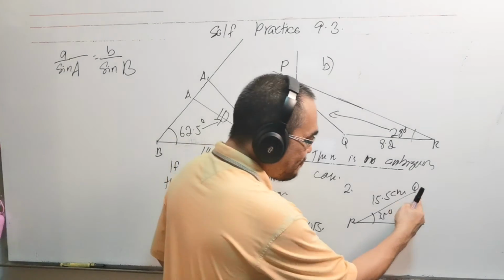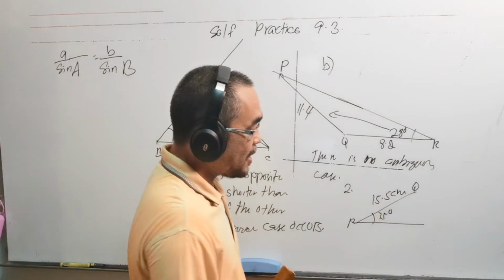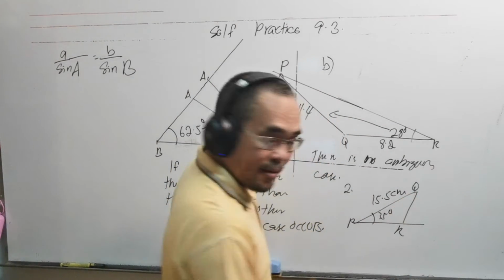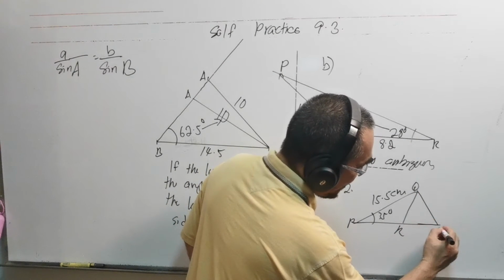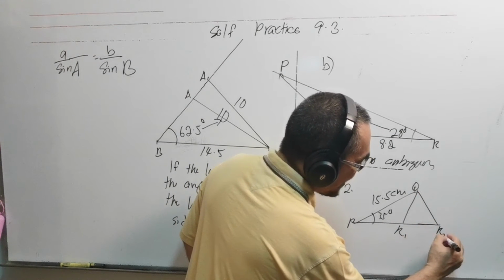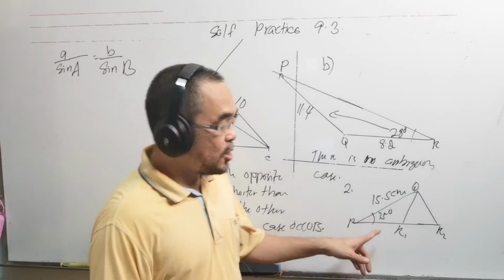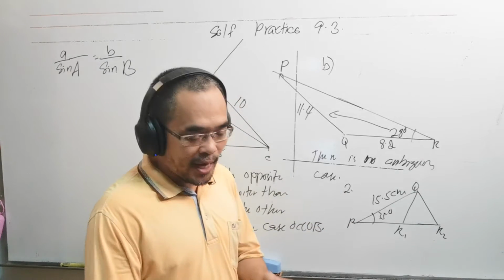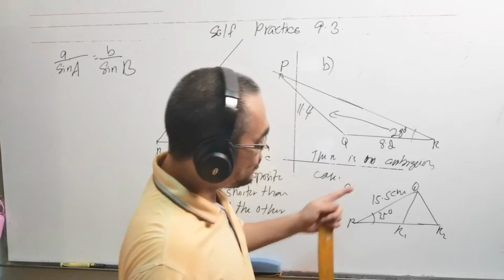So the one in front of the angle is shorter than the side. So the QR could be here, R could be there, and could be the other side like that. R1 and R2. In order to really understand this, you should draw, though not in the exam, because during the exam you don't have the time to draw. If you draw, you will see clearly.